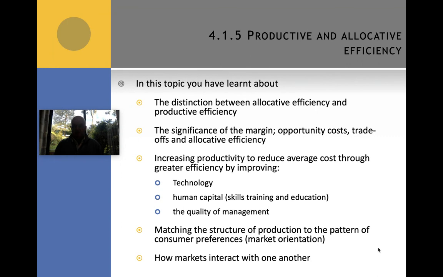So where we're trying to match demand for goods and services with the supply of those services too.